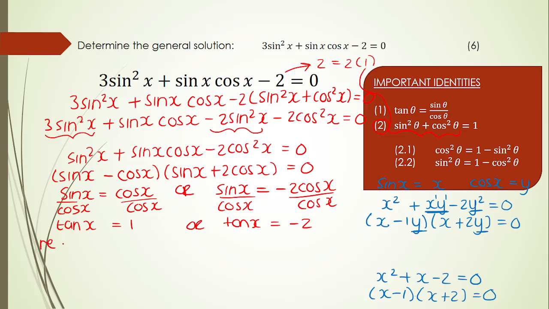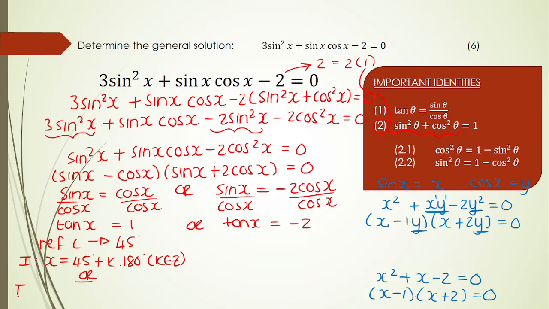Okay, let's find the reference angle for tan of 1. Let's see, it's 45. And we are going to be in quadrant 1, which is just plus k times the period, which is 180.